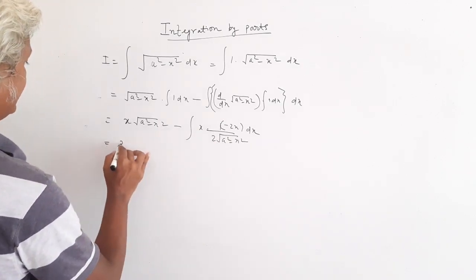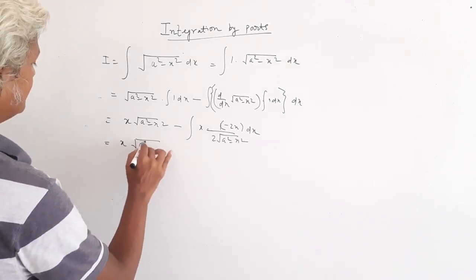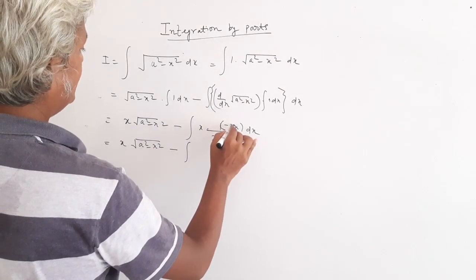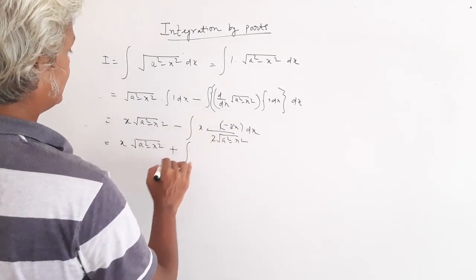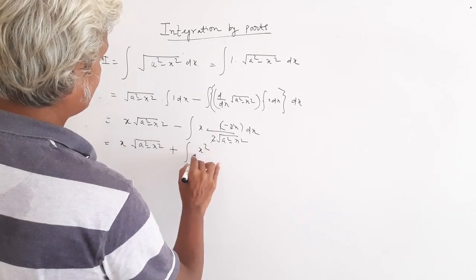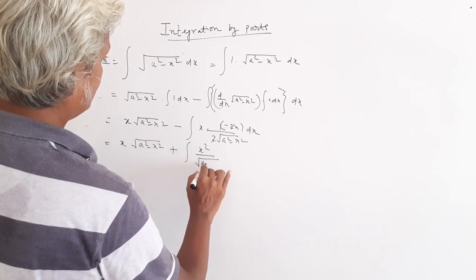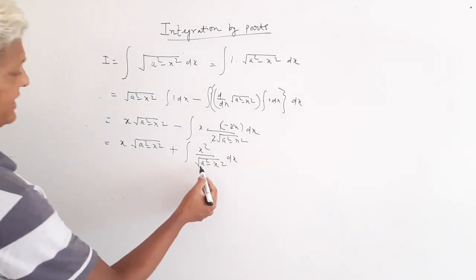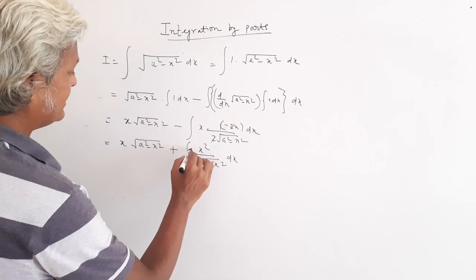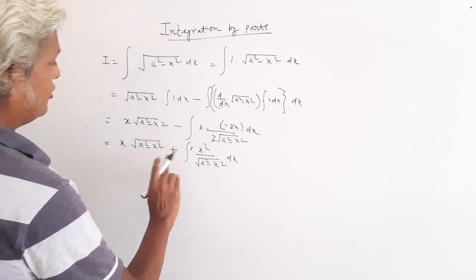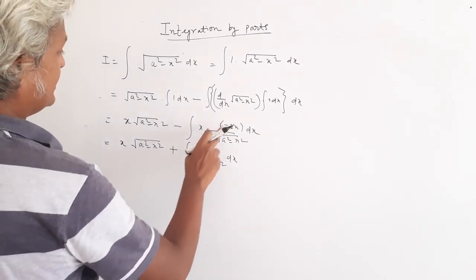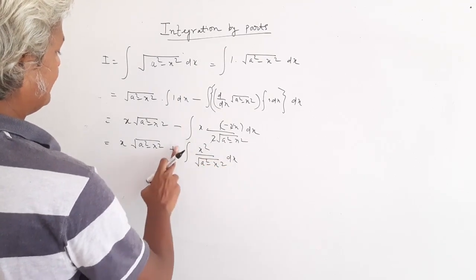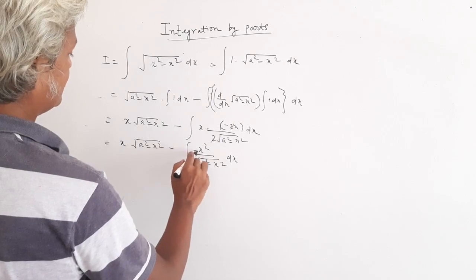So this becomes x under root a square minus x square minus, this 2 cancels, this minus will make this as plus, this is x square over under root a square minus x square dx. Now we need a square minus x square, then I write, oh, if I need this minus, then I need to preserve this minus. So in the next step, first here I am making this one as minus and this also as minus.